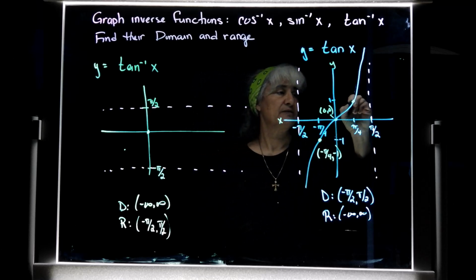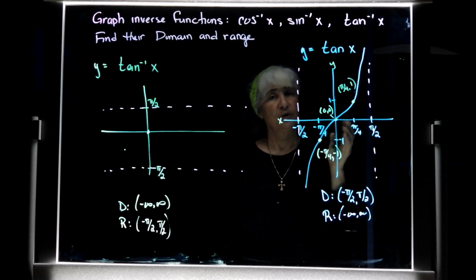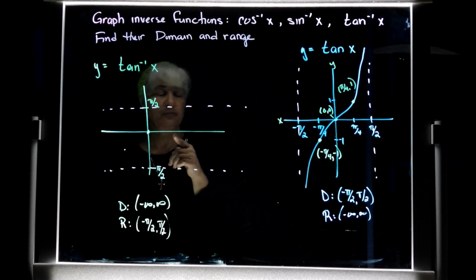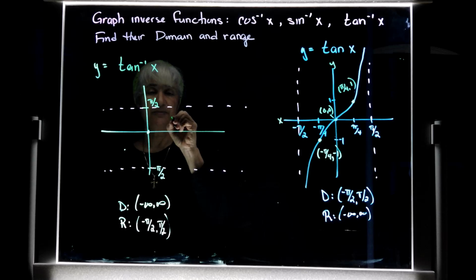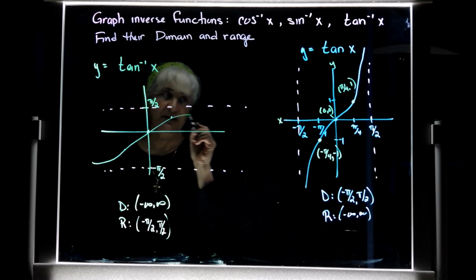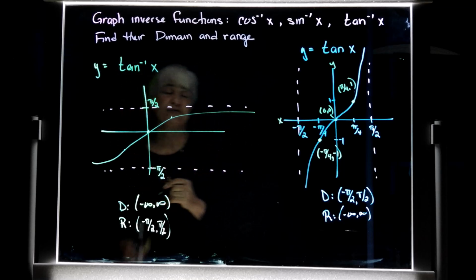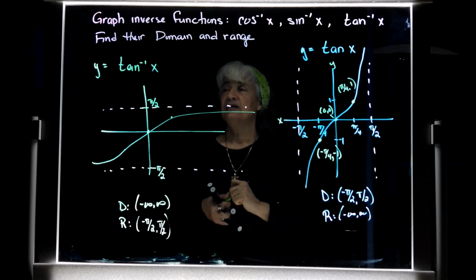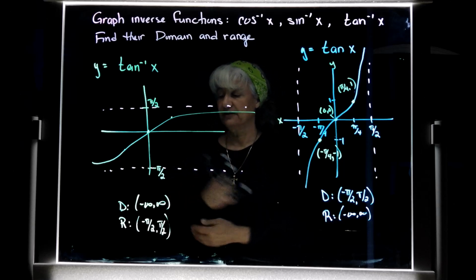This point was positive pi over 4, positive 1. Well, on the inverse, it's going to switch, so it's going to be positive 1 and positive pi over 4, so it's up here somewhere. So when I connect my dots, and your graph may look better than mine, it's going to look something like that for the inverse tangent graph.